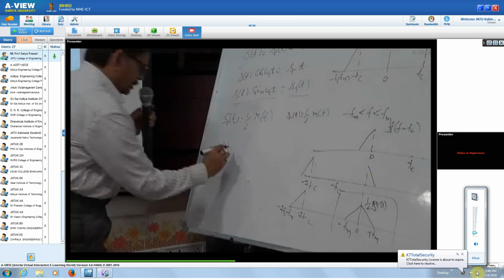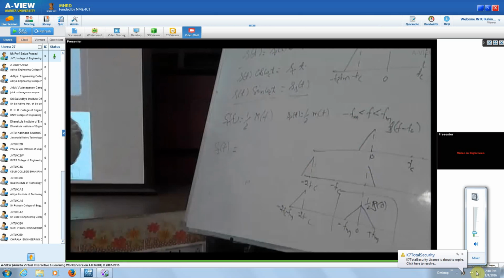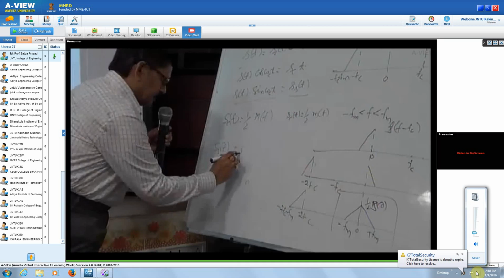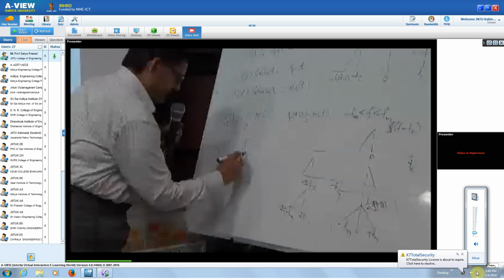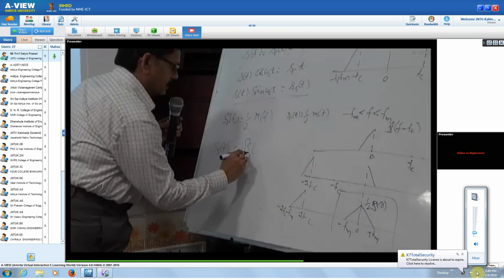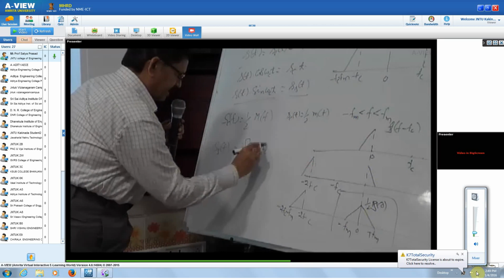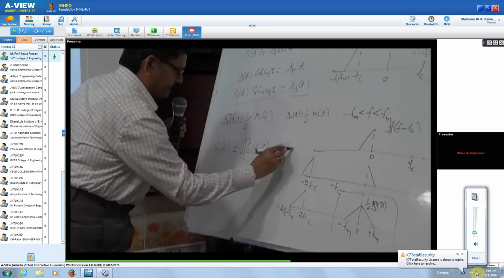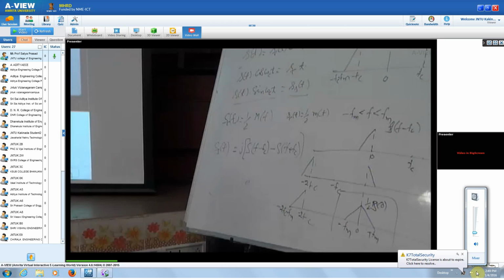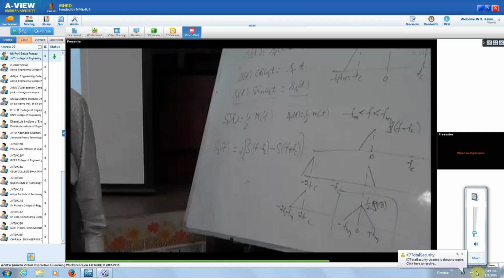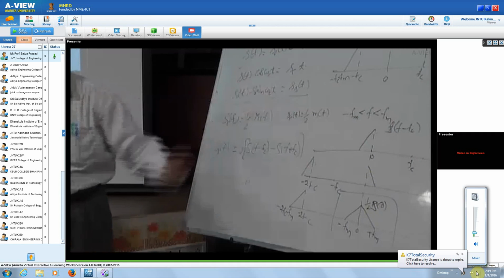Therefore, your SS of f will be equal to J times S of f minus fc minus S of f plus fc, because we are multiplying with sin omega ct.